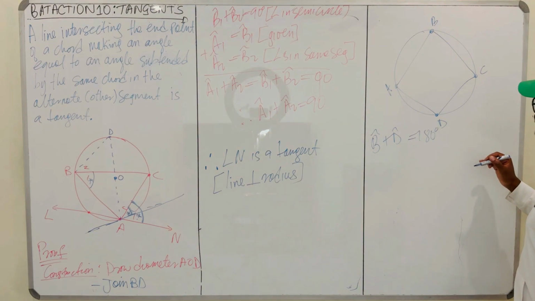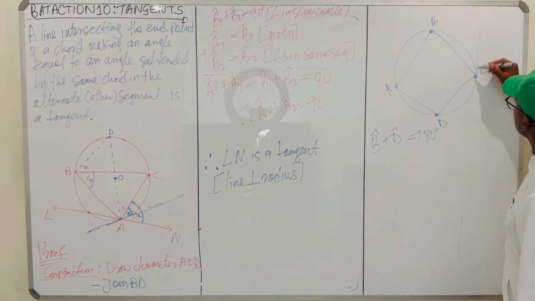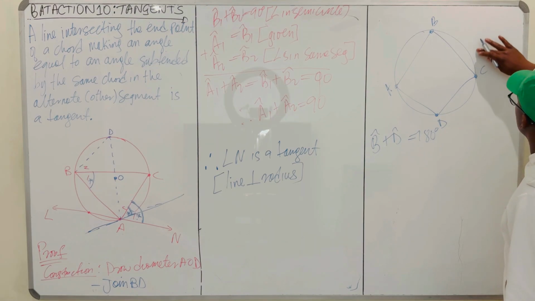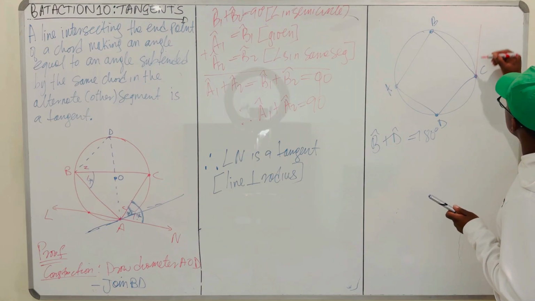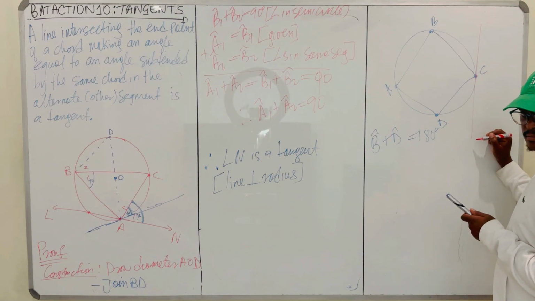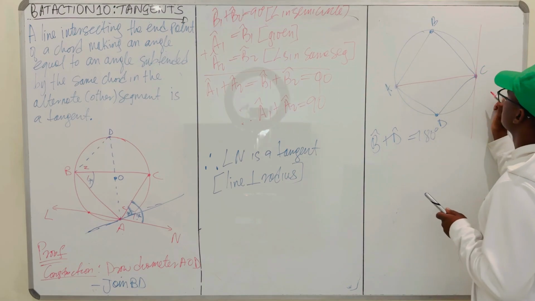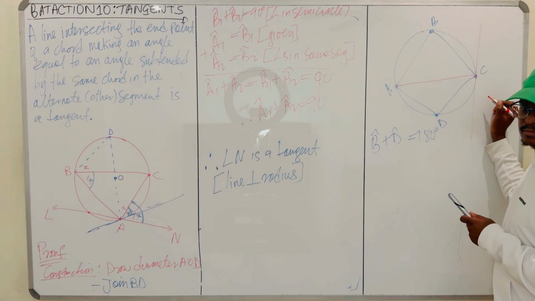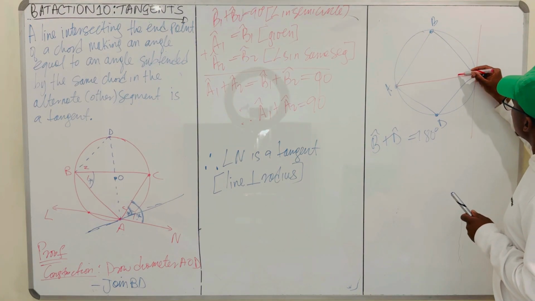To do this, first thing that you do, let's draw a tangent here at C. Are you following me? Let's draw a tangent here at C like this, and join these two things here. Then, look at this angle over here.